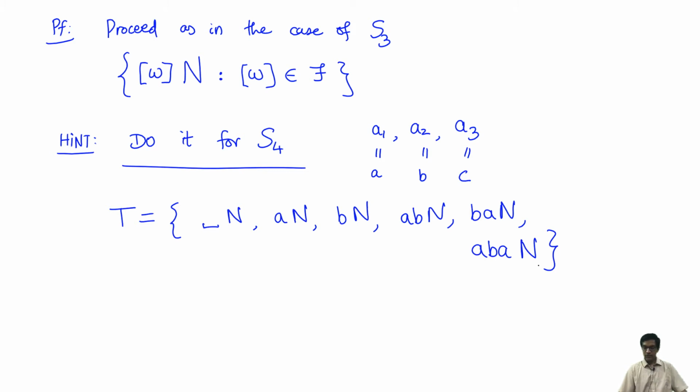Now in the case of S4, we will need 24 cosets. Okay, what are the 24? Well, these 6 certainly are there. In addition, we also need what I call CT, which is the very same 6 cosets with C multiplied on the left. Same thing with BCT and ABCT.